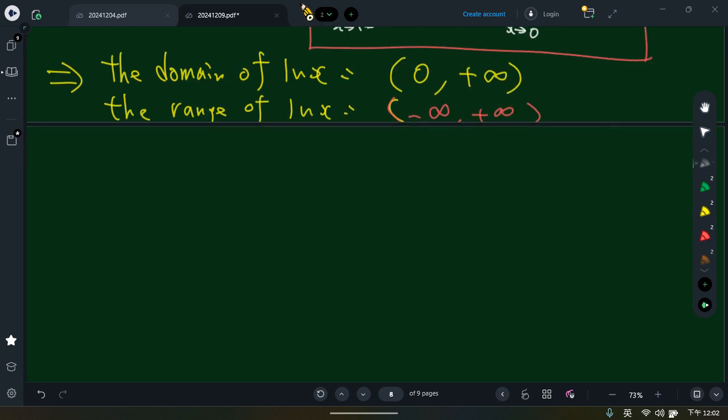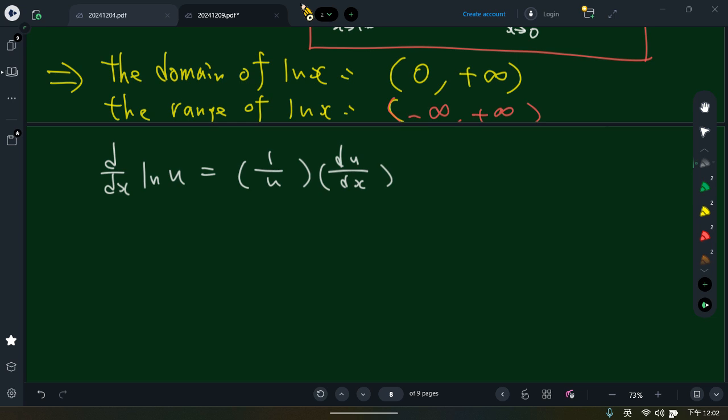OK, so I will continue to introduce some properties about Ln(x). So this one will be, we already know this, right? We already learned this. When we differentiate ln u, the result will be 1 over u times du over dx.